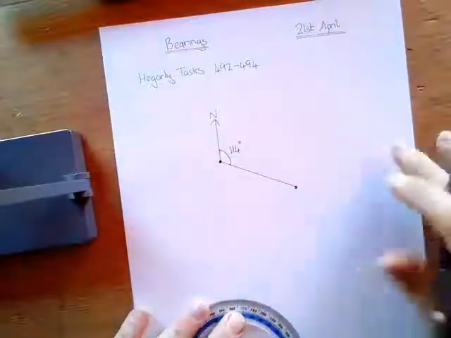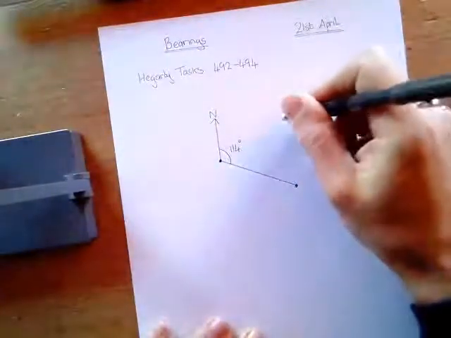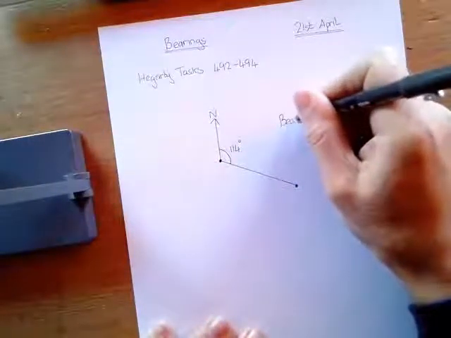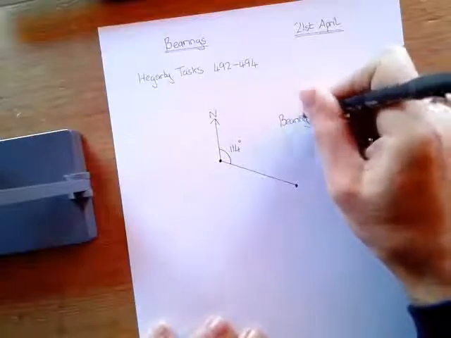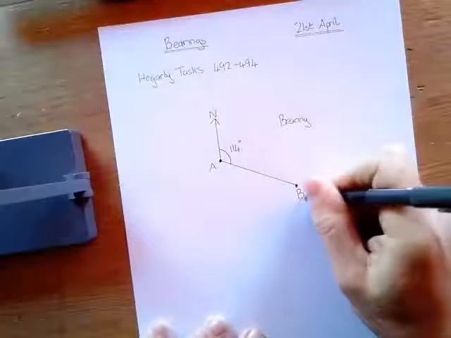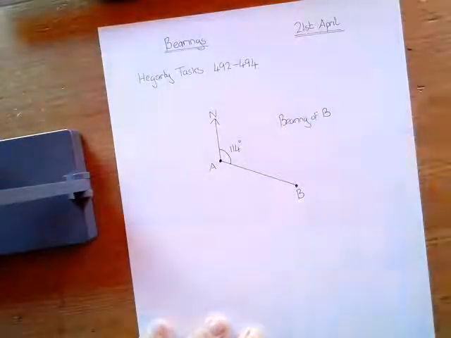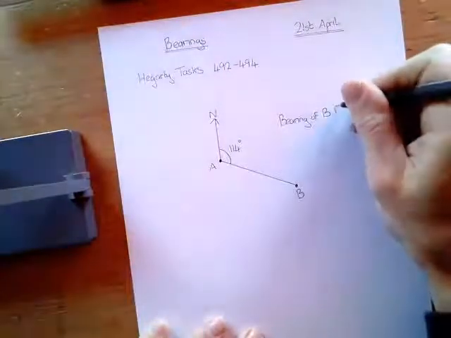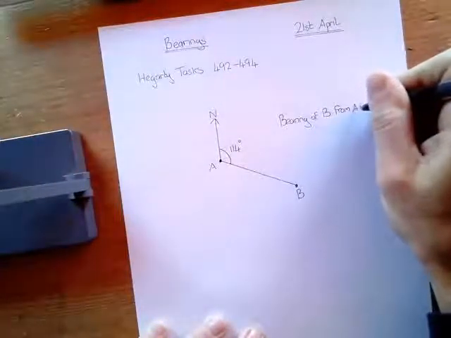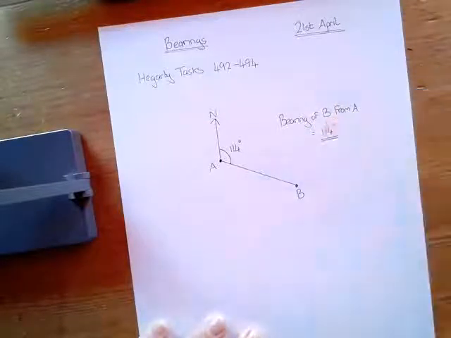What you need to know is that that angle there is called the bearing. So, let's suppose I'm standing at A and I'm trying to get to B. The bearing of B from where I am, which is A, is equal to 114 degrees.